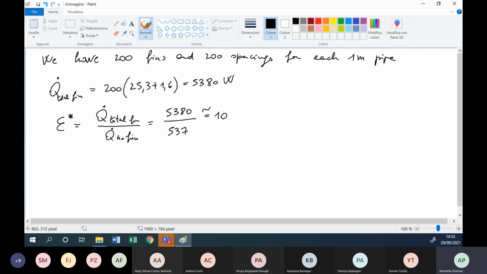So I'm able to increase nearly 10 times the transfer rate by adding this finned surface, by adding this system of fins on my pipe. It's clear for all of you? Yes.